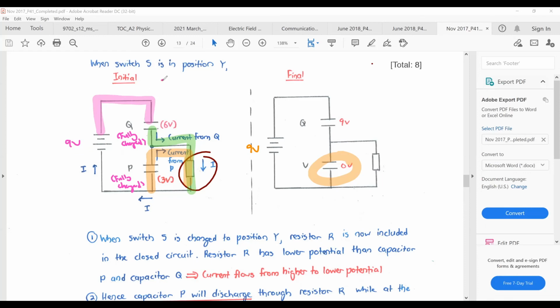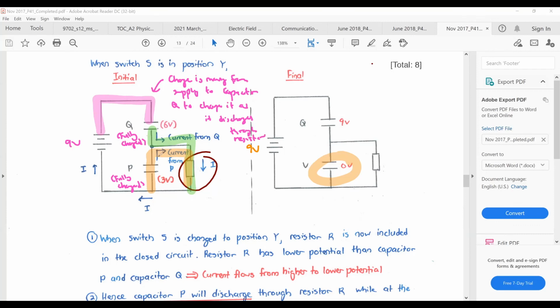You can think of it as charge moving from the supply to capacitor Q to charge it as it discharges through the resistor.